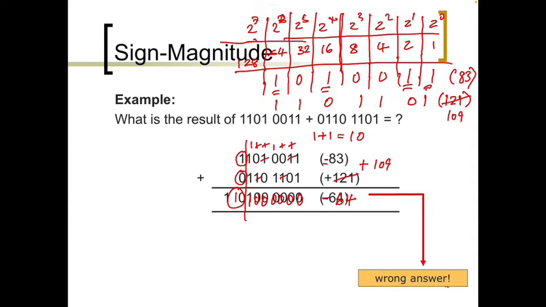That's why it is said that the disadvantage of sign magnitude is that we have error in arithmetic, because the 1 here represents negative and the total answer is also wrong. So how can we solve this?